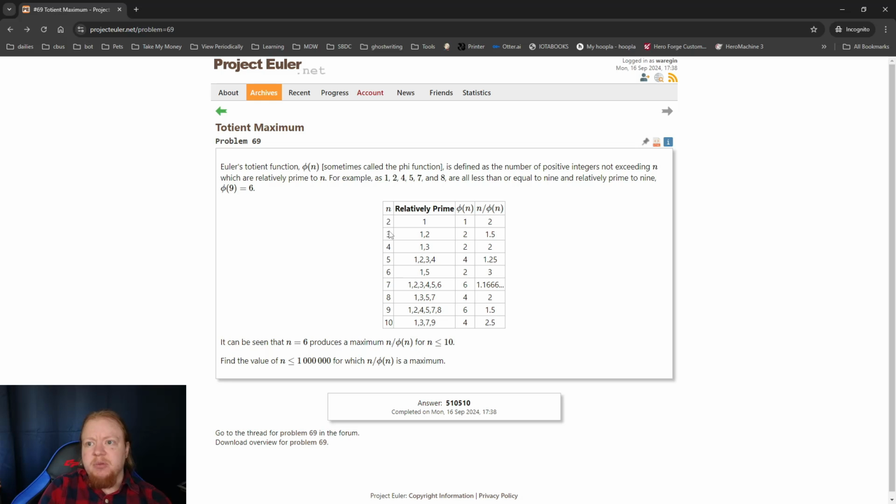But if you multiply the prime values together, then it has the fewest relatively prime numbers lower than it, because most numbers below it are going to be multiples of primes. Obviously not all, like in this case we have the 1 and the 5. I can't say that I know what the relatively prime numbers are for this number. We could calculate that out, but to find this answer we did not need to.